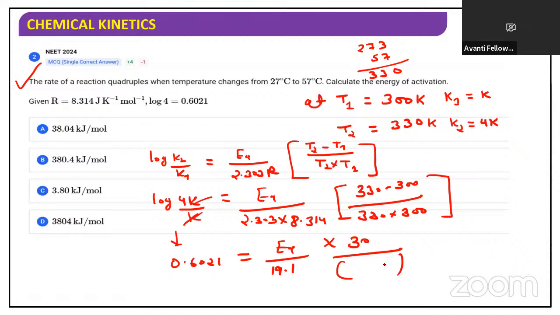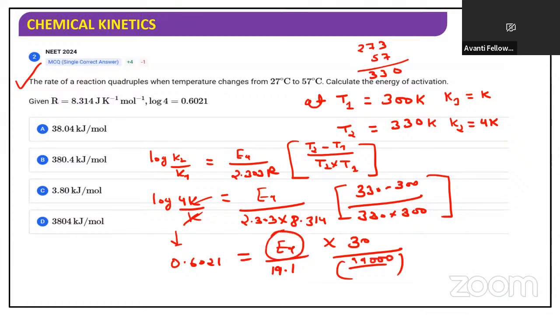You solve this, it's simple. 330 into 300 comes out to be 99,000, right? 99,000. Calculate Ea. So on solving, what does Ea come out to be?